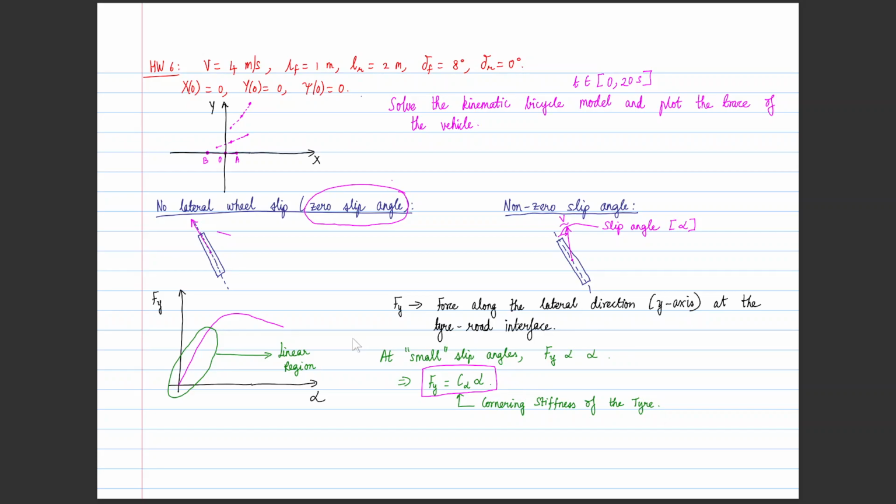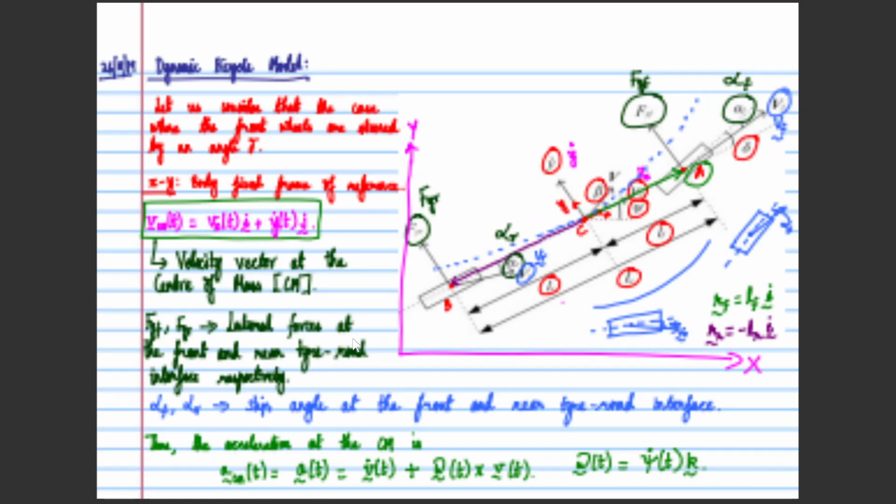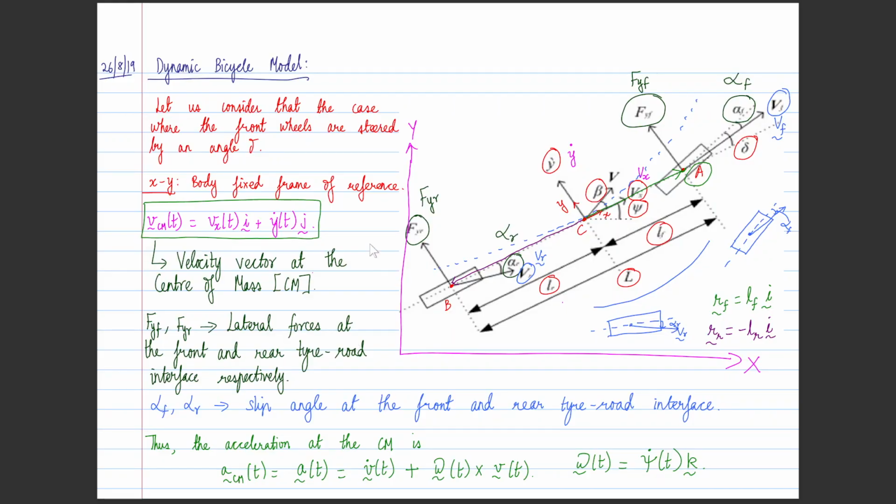But if we take a look at the dynamic model, let us consider the case where front wheels are steered by an angle delta and small xy is the body-fixed coordinate frame.